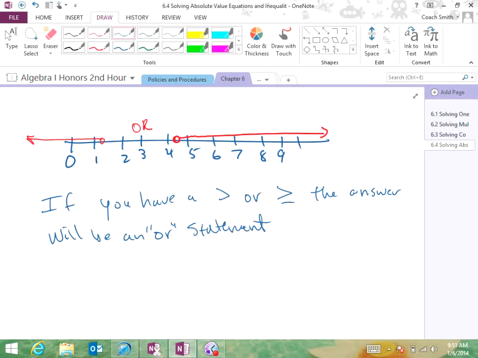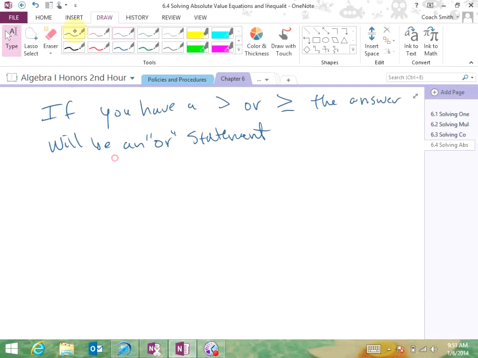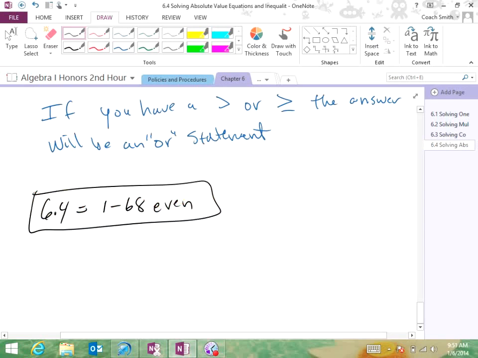So your homework, once again, is 6.4, 1 through 68 even. On 61 or 62 and 64, they just want you to write an absolute value inequality. You don't have to actually solve it.